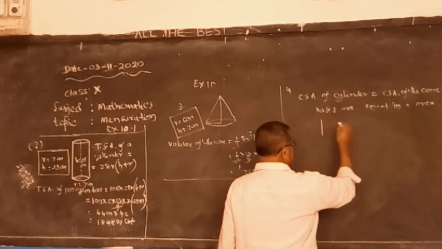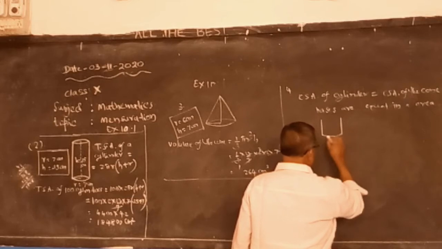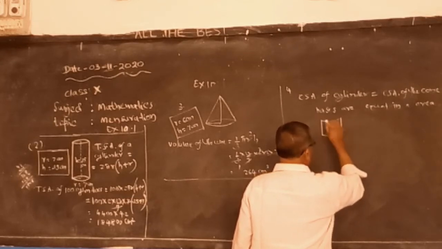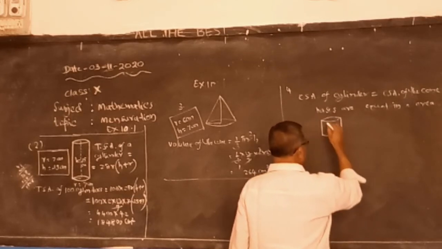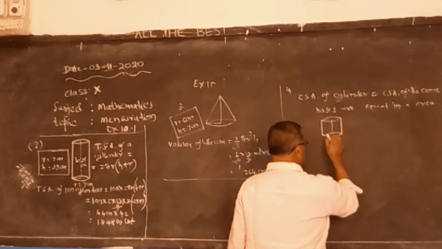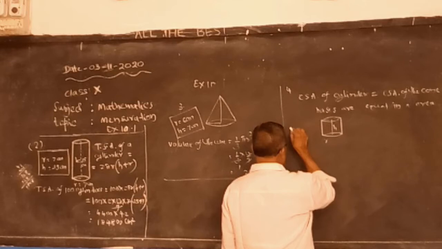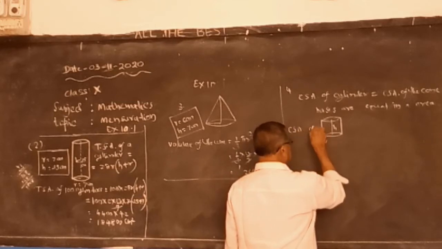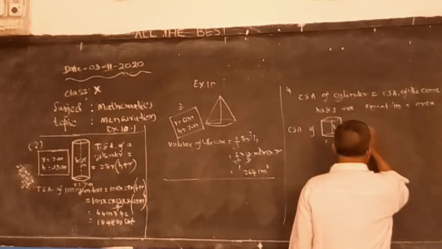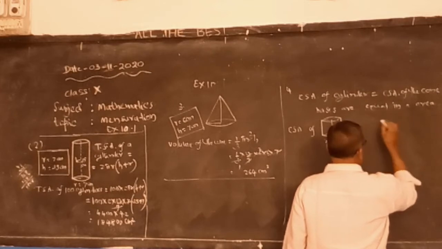Draw a cylinder and one cone. CSA of the cylinder is equal to the CSA of the cone.